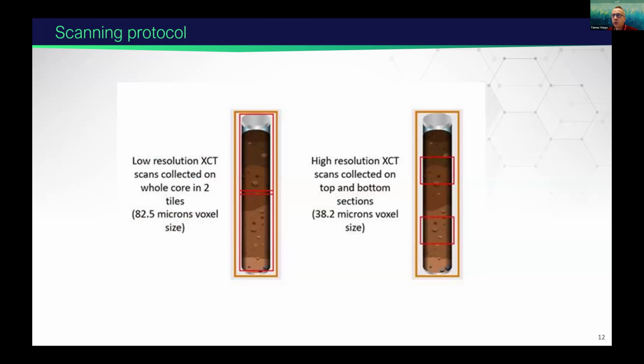Again, a summary of the 2 different types of scans that we do. The higher resolution scans are 38.2 micron voxel size, which is about 75 micron-ish actual spatial resolution.